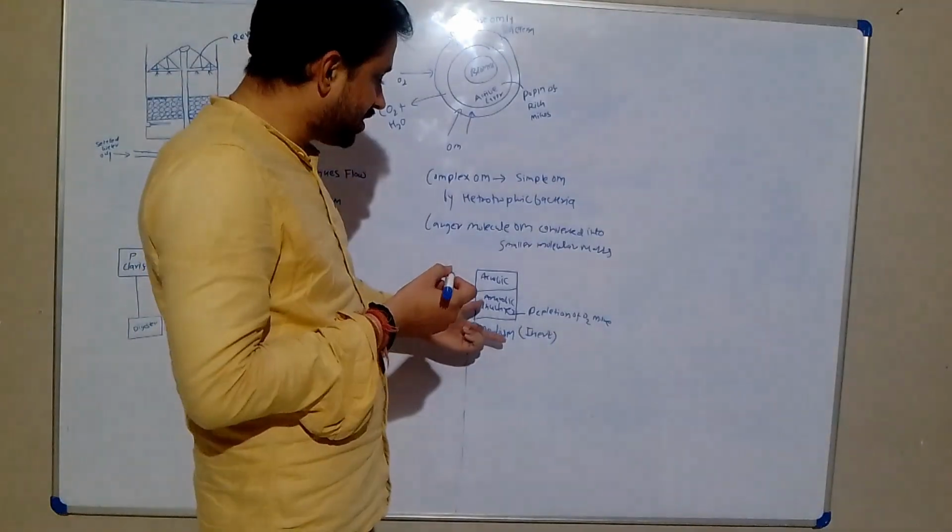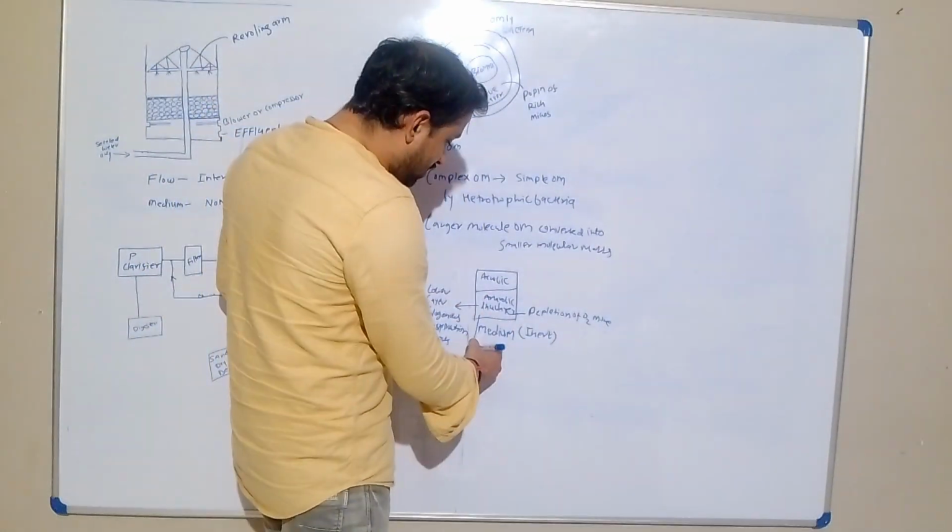So scarcity of food takes place in the anaerobic layer and sloughing of the biomass layer takes place.